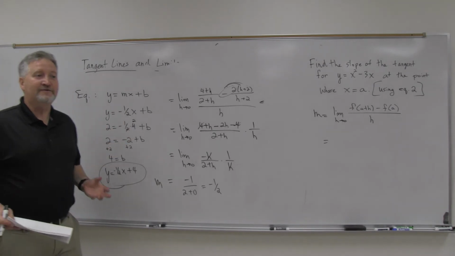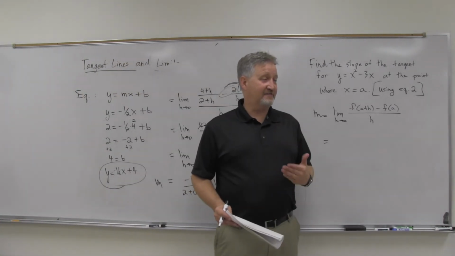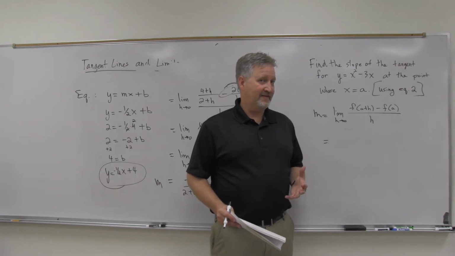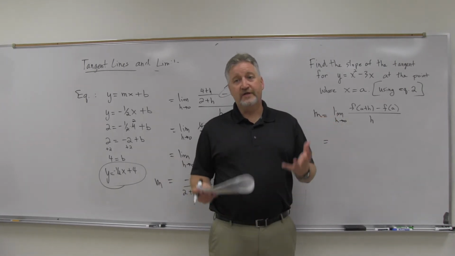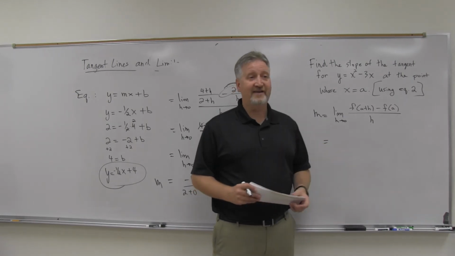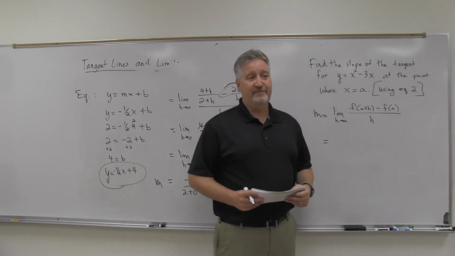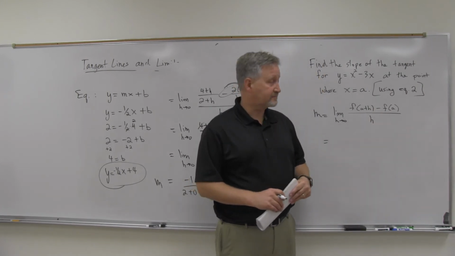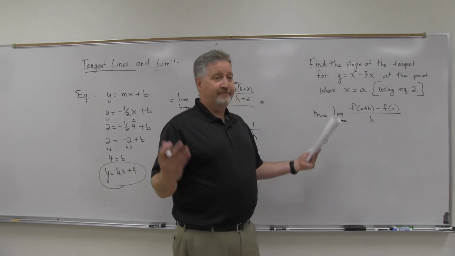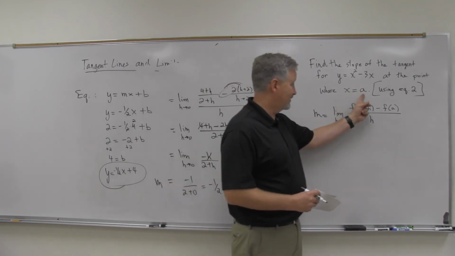The difference on this one is I don't have a specific a value in mind. So I'm just going to do it in general. In other words, I'm going to leave a as a. There's not going to be a number to plug in for a. We're looking for it at a.